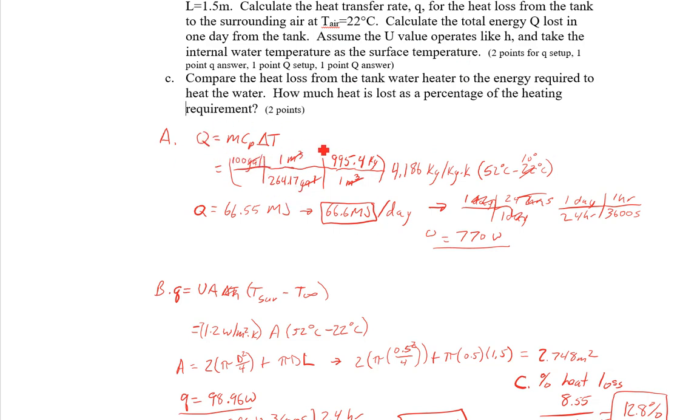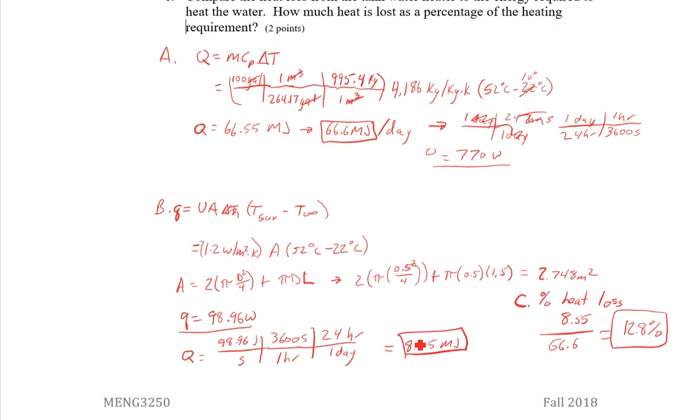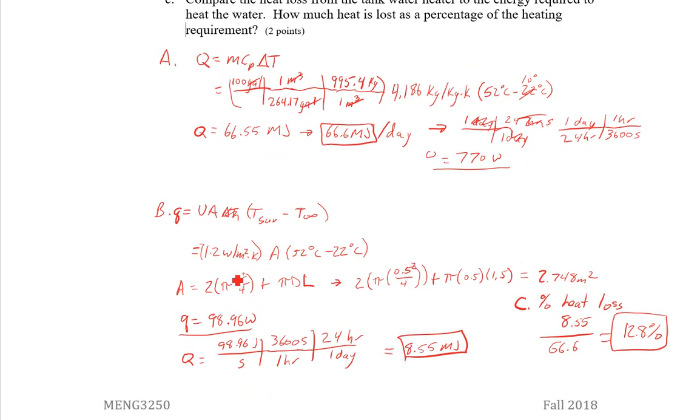You could do this as a flow rate too, so 100 gallons per day, and finding that in meters cubed or kilograms per second flow rate, and then finding that in watts would be fine as well. But for the most part, people did fairly well, so I will conclude this video, and hopefully this helped clear up any of the parts that you struggled with in the quiz.